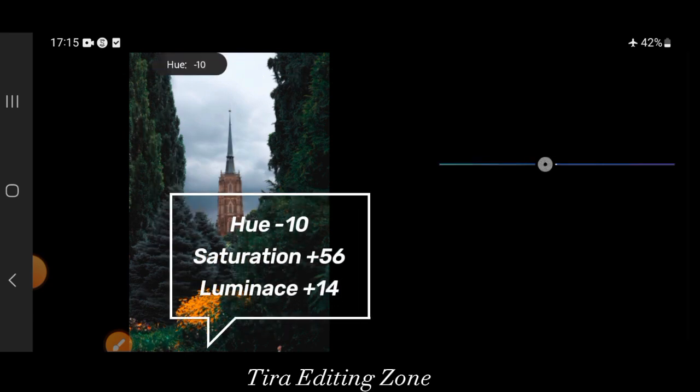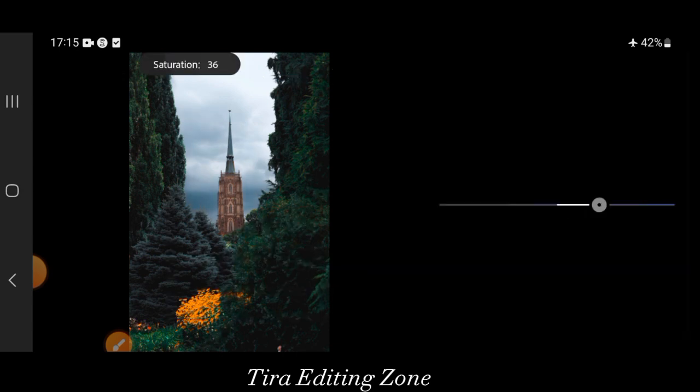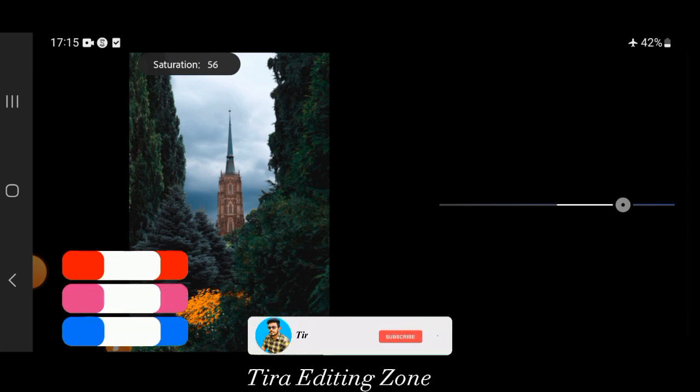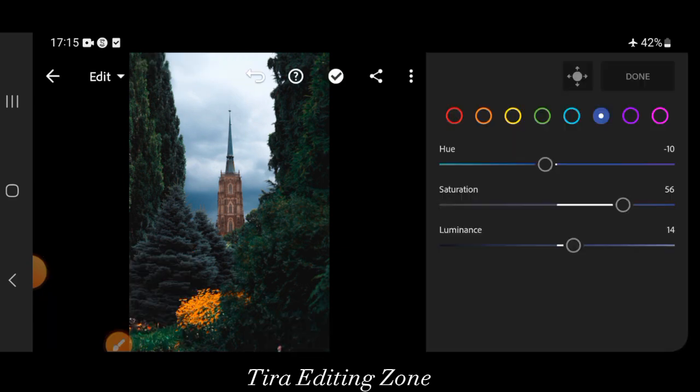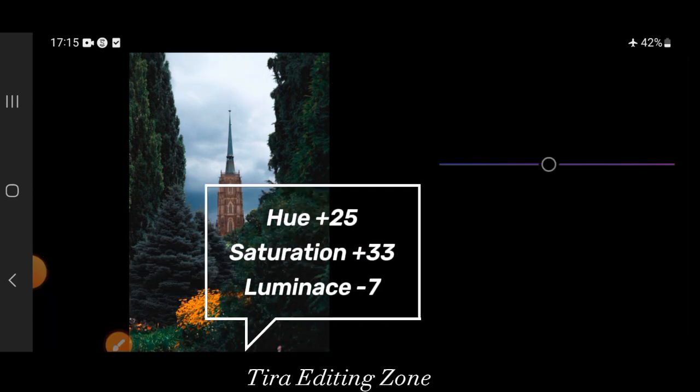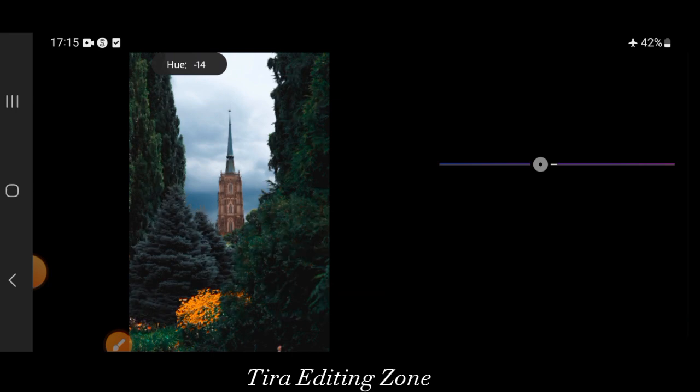Hue -10, saturation plus 56, luminance 1/4. Plus 25 saturation, plus 3/3 luminance 7.